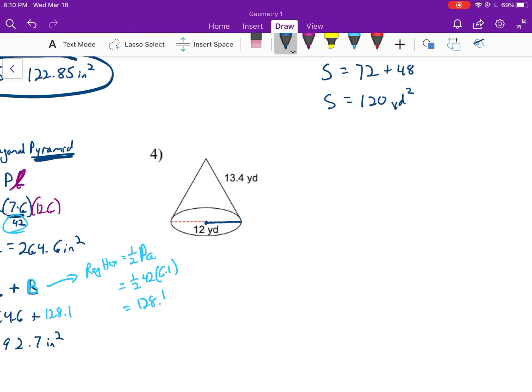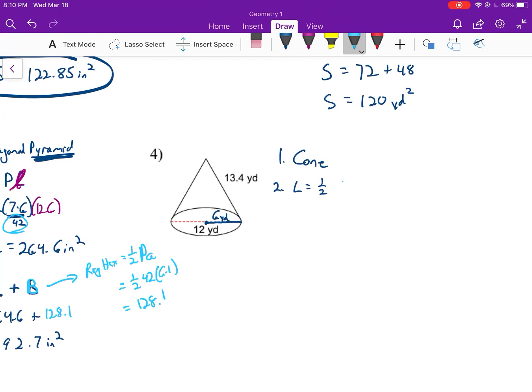Realize on number 4, the diameter is 12 yards, so the radius is 6 yards. This is a cone. So that's number 1, it's a cone. Number 2, we need to write the formula. So the lateral area for a cone is 1/2 the perimeter, or the circumference.